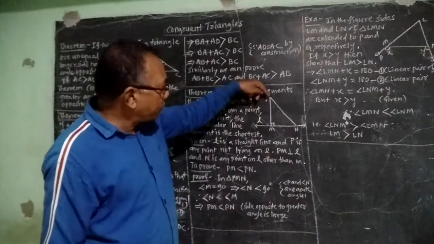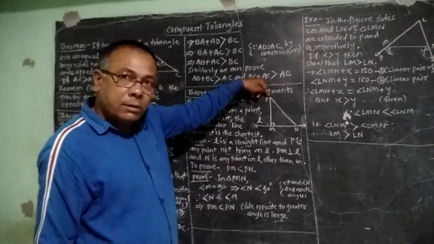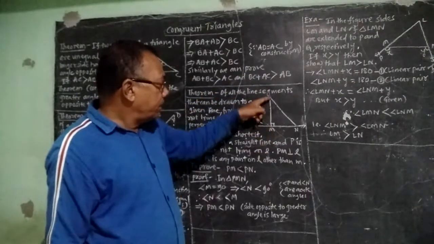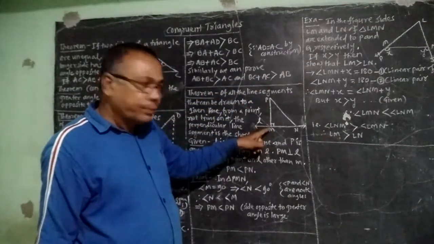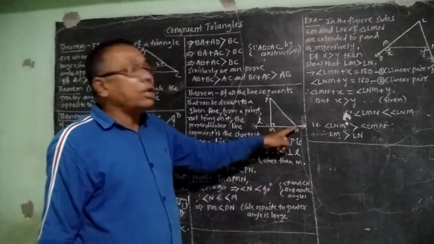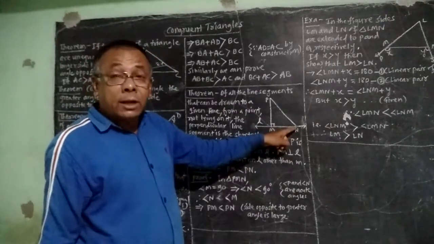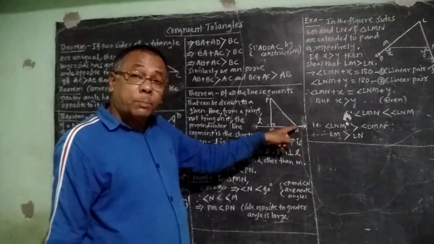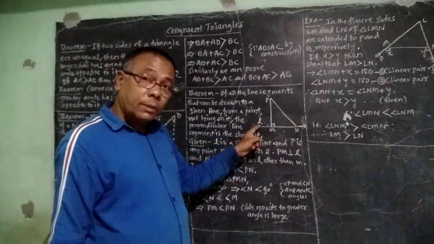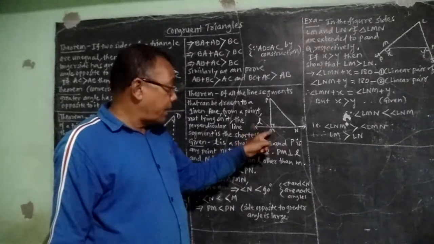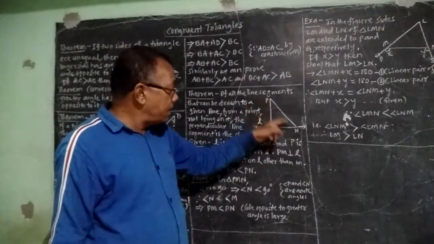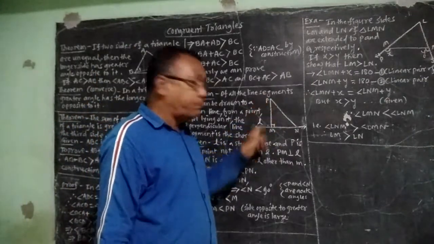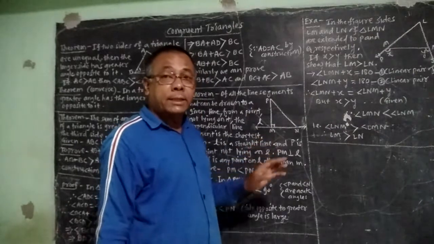Now if we draw the perpendicular to this line L, let PM be the perpendicular, and let N be another point on the line L which is distinct from M. If we join PN, then it is seen that PN is greater than PM.